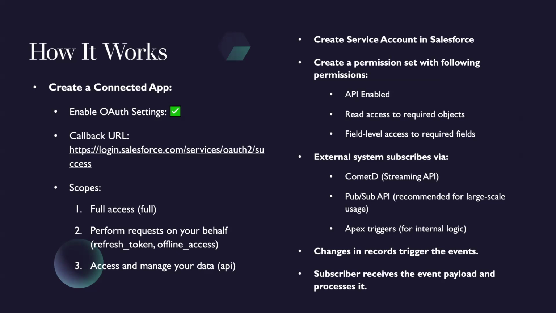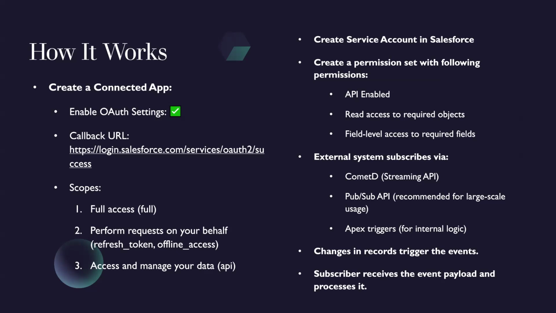So you need to share the credentials of the connected app, which are the consumer key and consumer secret, the username of your service account and its password, and the channel which gets created for your platform event. Then the external system can subscribe to the channel using Streaming API or Pub/Sub API.